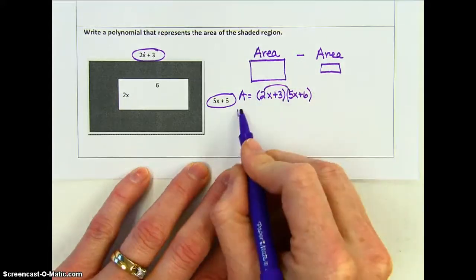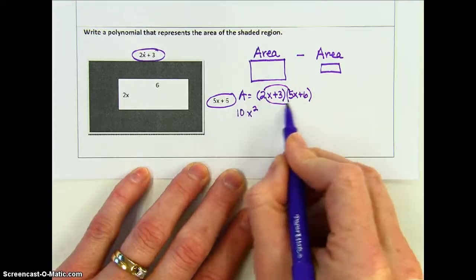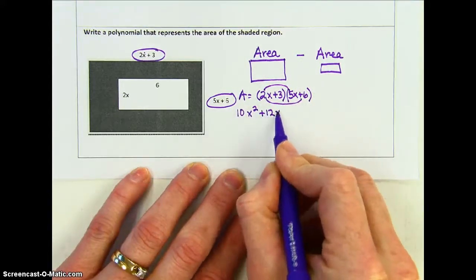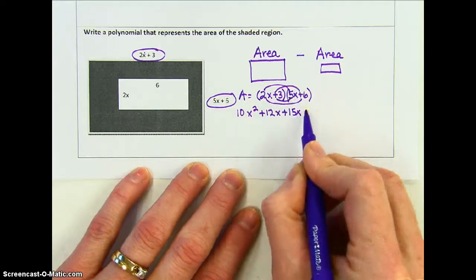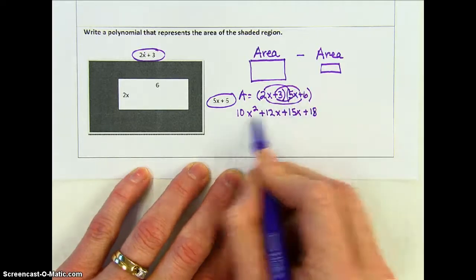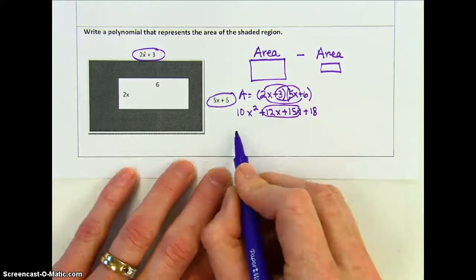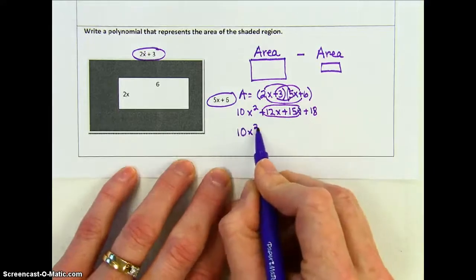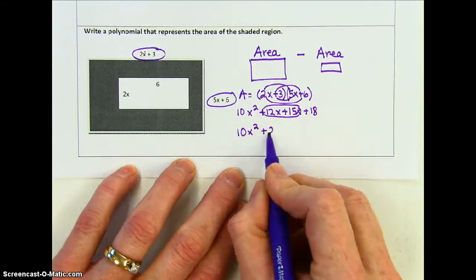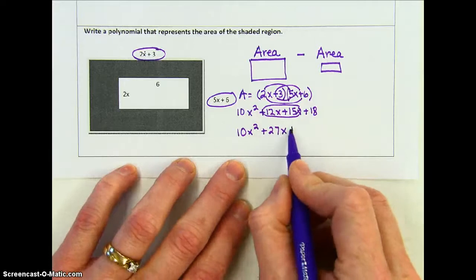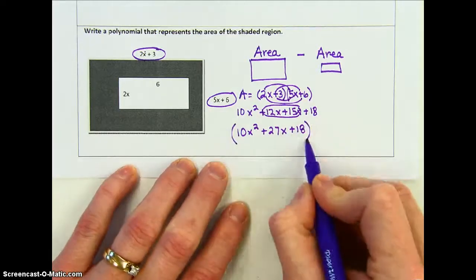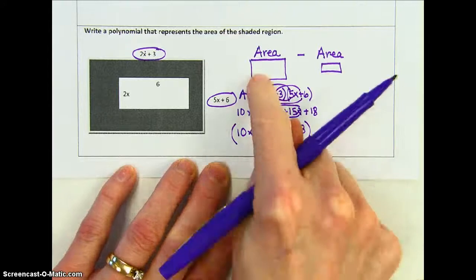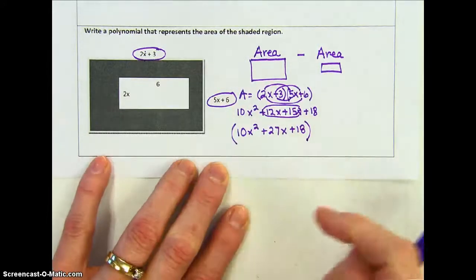We're going to get 10x squared, 12x, 15x, plus 18. Clean up the middle. 10x squared plus 27x plus 18. Now I'm going to group this together because this is the area of the big rectangle.